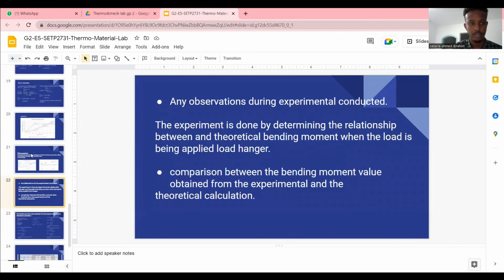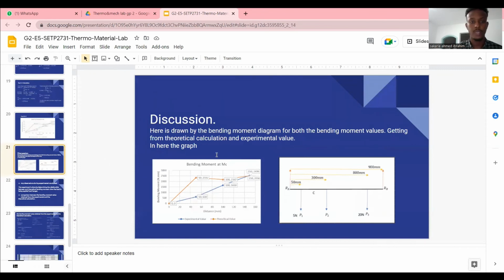From here, the bending moment diagram is drawn for both the bending moment values from the theoretical calculation and the experimental value. Here we have seen the graph of the bending moments.